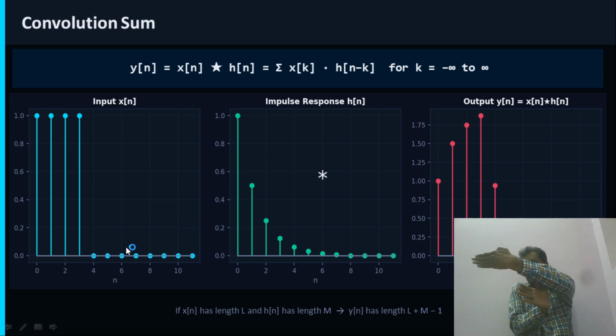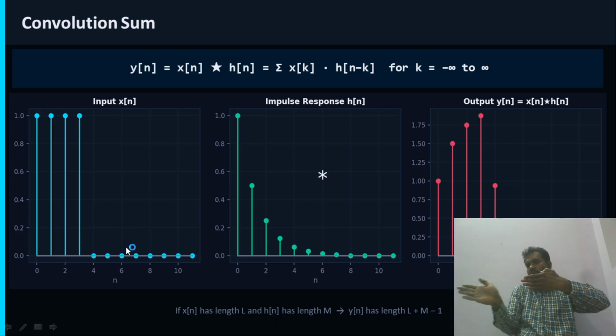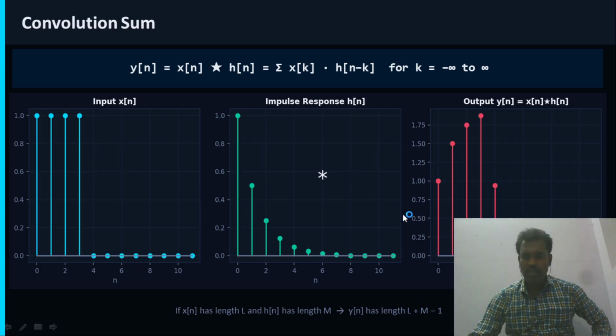If it is at minus infinity, the product will be 0. When we shift this folded sequence, it overlaps with x of k. For every shift it is overlapping, and when it moves beyond this length, the product will be 0. That is what is done by the convolution process.